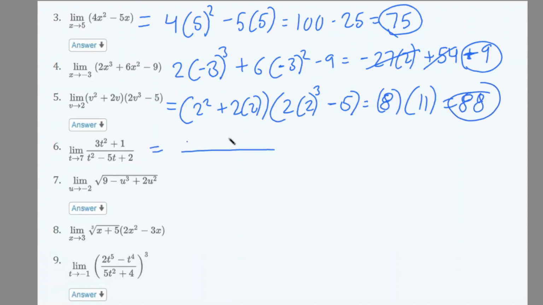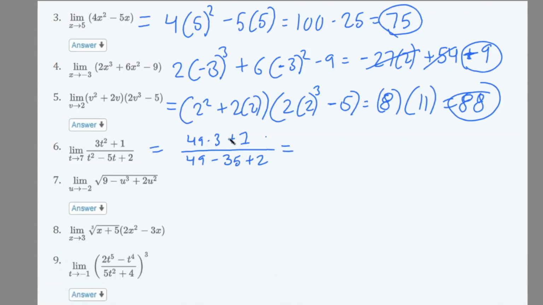Number 6, as the limit as t goes to 7, we could also just plug it in. So if we plug in 7, t squared is 49. 49 times 3 plus 1 on the top, and on the bottom would be 49 minus 35 plus 2.